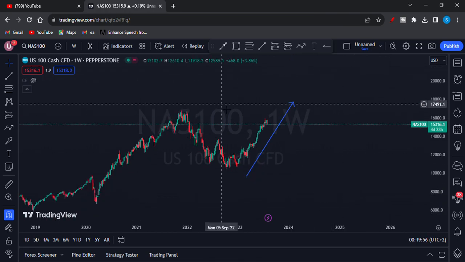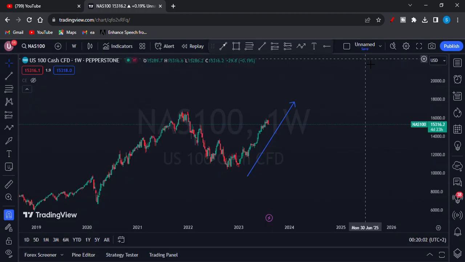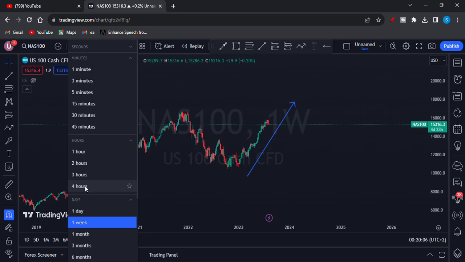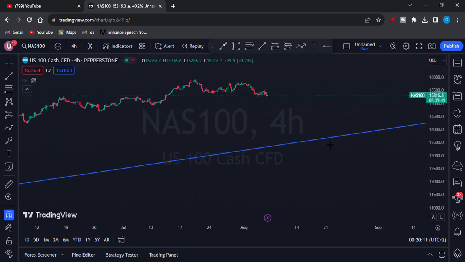So let's go to 4 hour. Let me do this and find our support and resistance, and then let me take this out.